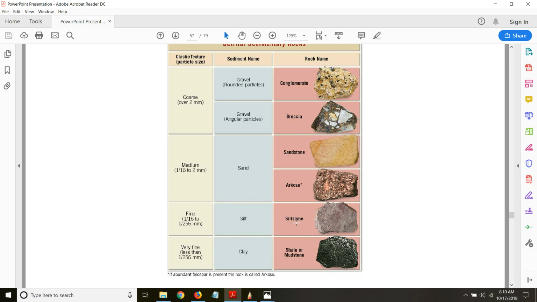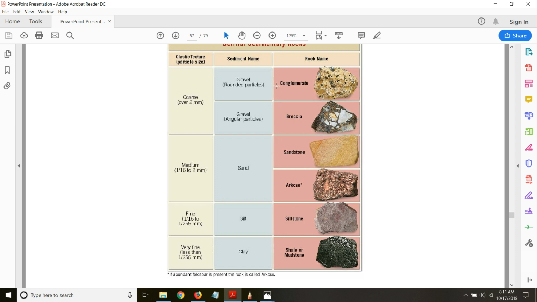The next category is very fine, less than 1/256 millimeter in size. Those are clay minerals, really fine, finer than the sand particles, and they make shale or mudstone. Those are the examples. So in this column you have different examples of sedimentary rock based upon their sizes: coarse, medium, fine, and very fine.